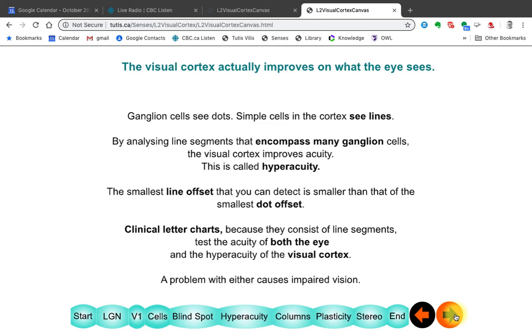So by combining information from layer 4C cells to simple cells, you get an increase in acuity, you get hyperacuity. And the clinical literature that the optometrist shows you is that the letters are clear.